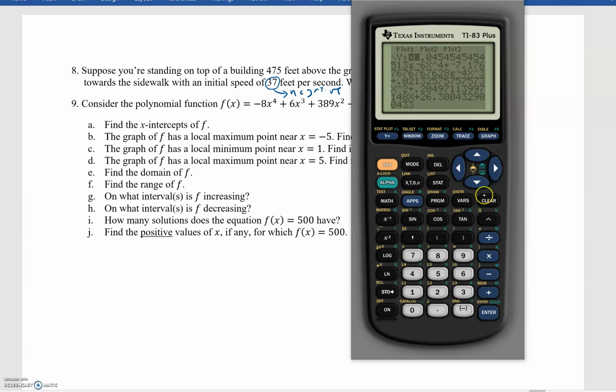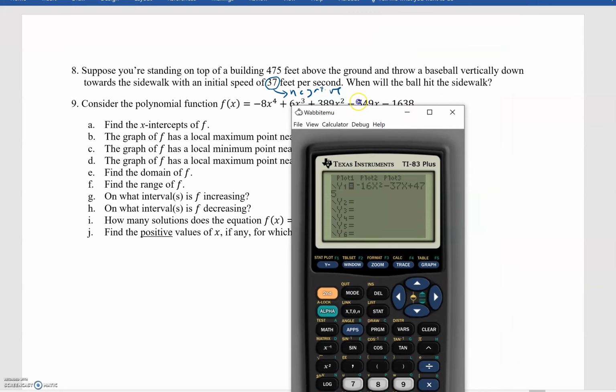Our model is going to be negative 16x squared minus 37x plus 475. So the big thing to remember here is that our initial velocity is negative, and of course our initial position is positive 475.